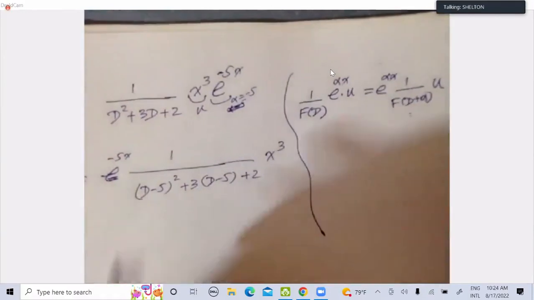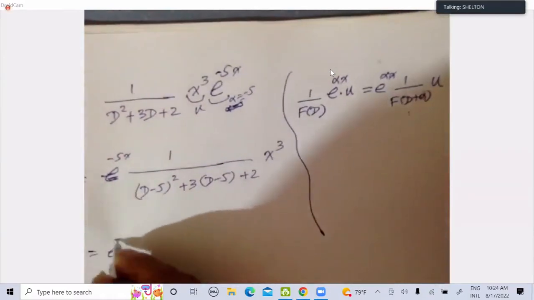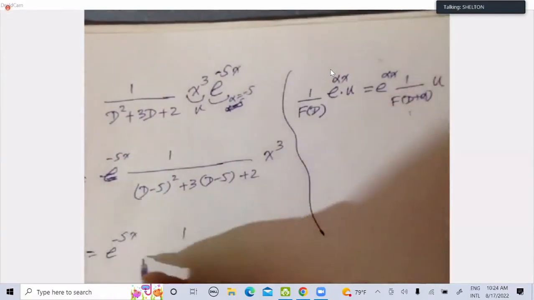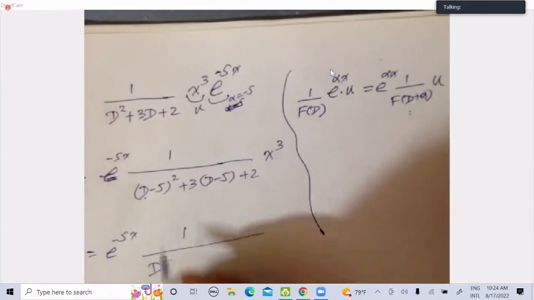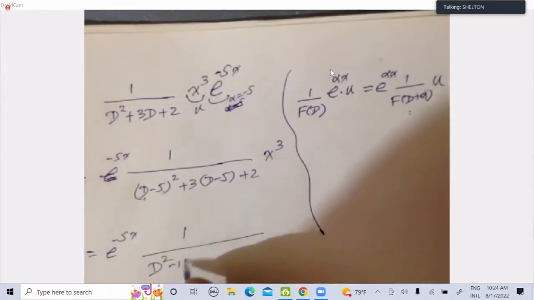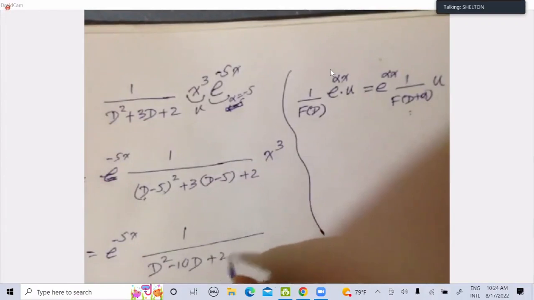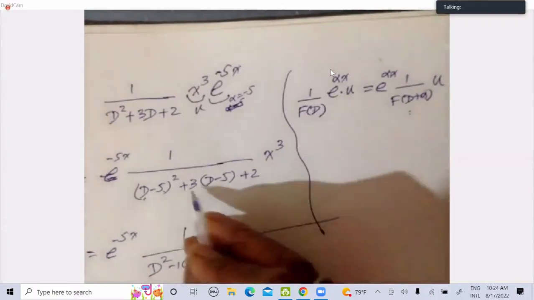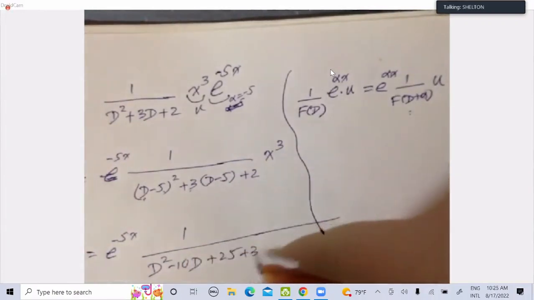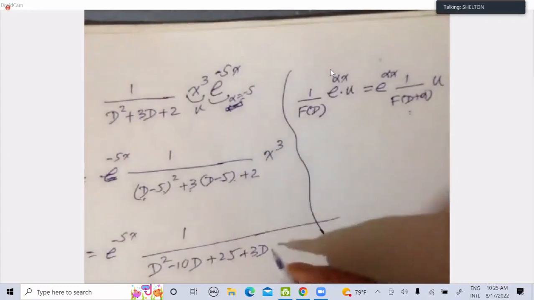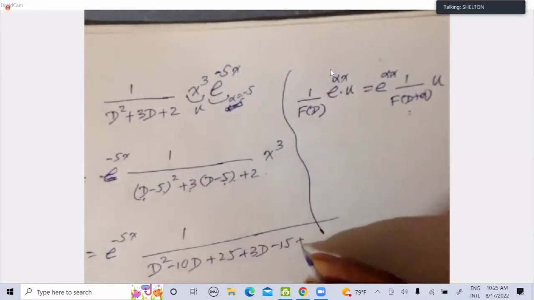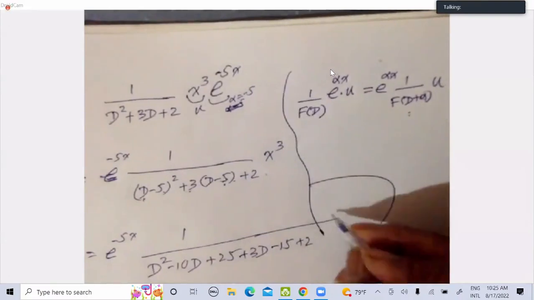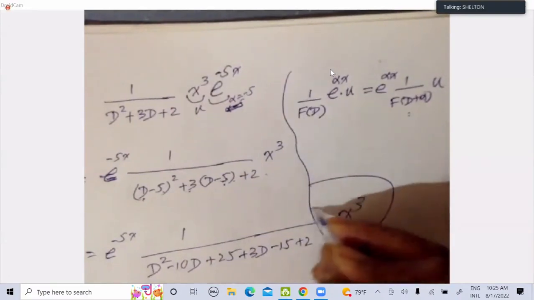Then make a whole. e to the minus 5x times 1 over d squared minus 10d plus 25, plus 3d minus 15, plus 2, x cubed.